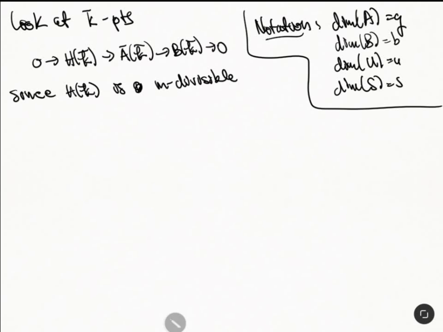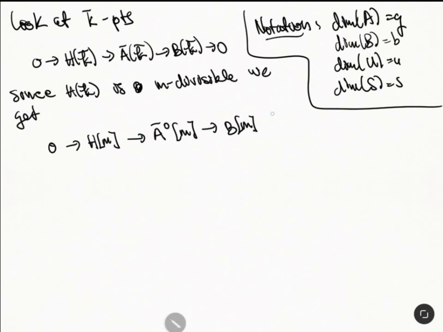This condition is what's important for when you have an exact sequence: you can take the torsion and still have it be exact. So we get the following exact sequence: 0, H[m], A bar 0[m], B[m], to 0.